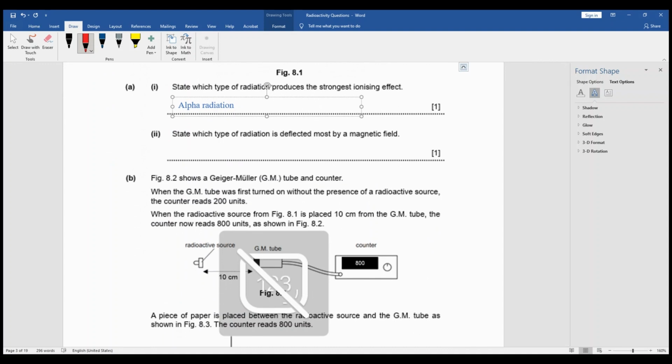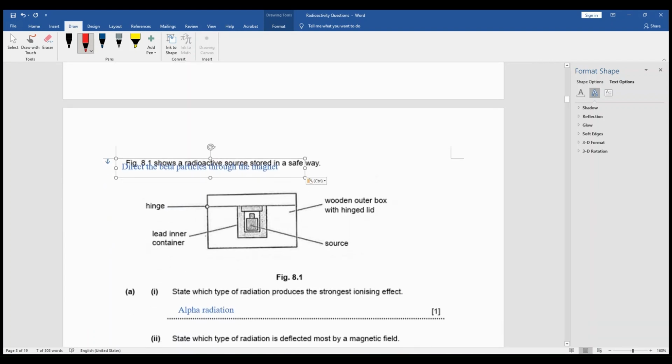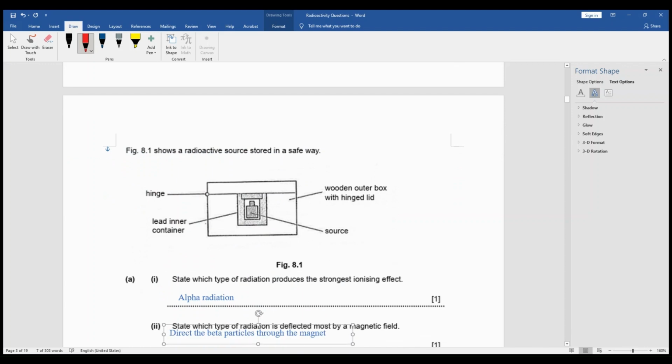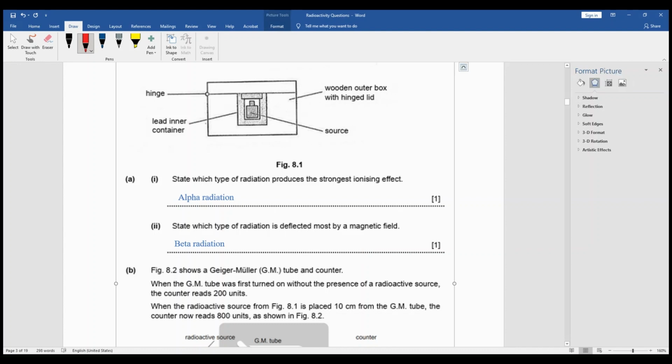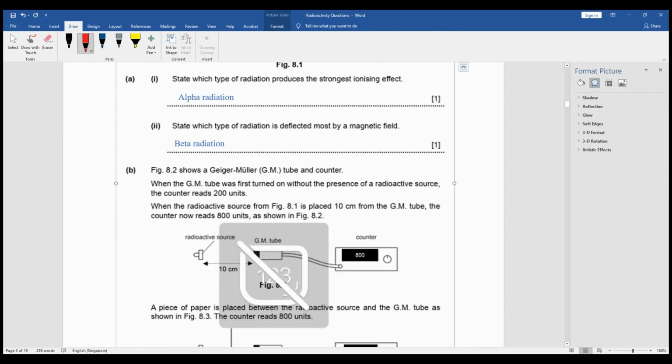Next one, which is deflected most? Now, both alpha and beta can be deflected, but beta is deflected more because it has a smaller mass. That's why it's more affected by it. It's deflected most. Beta, its mass is much smaller.